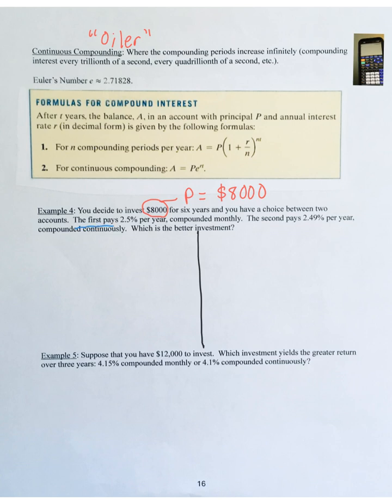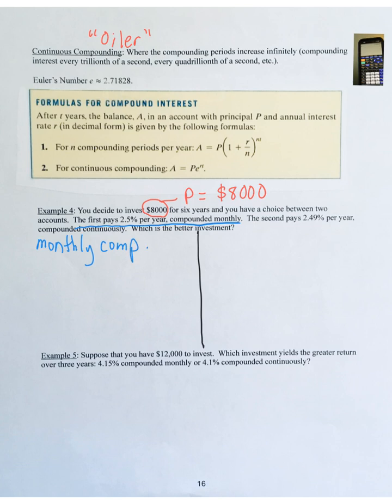The first pays 2.5% per year, compounded monthly. Let's try this again. This is the monthly compounding. I'll just put COMP to abbreviate.